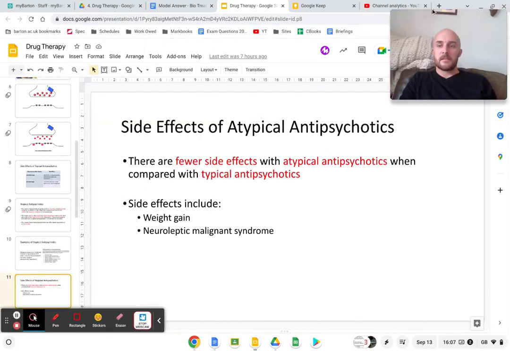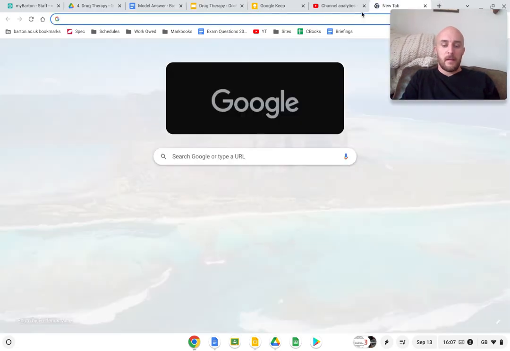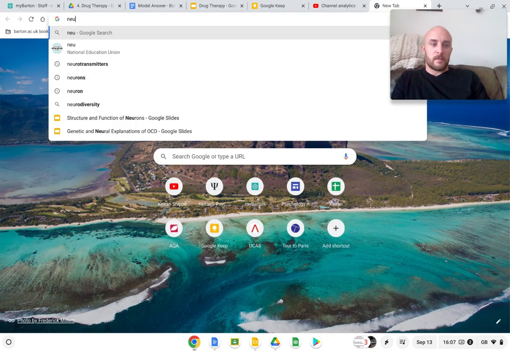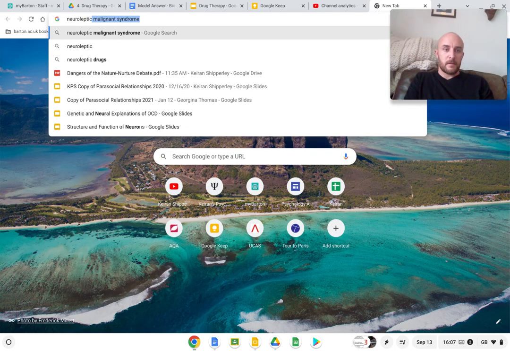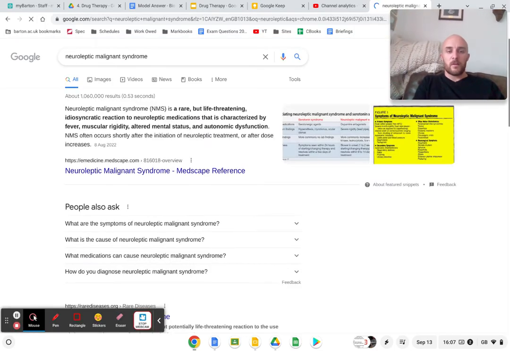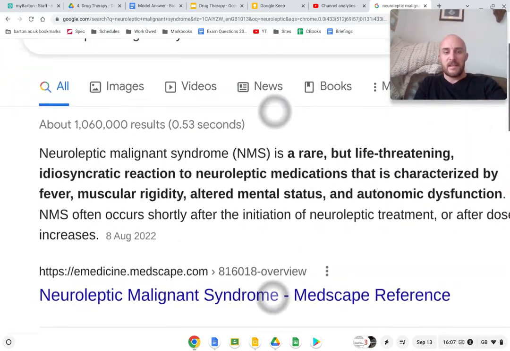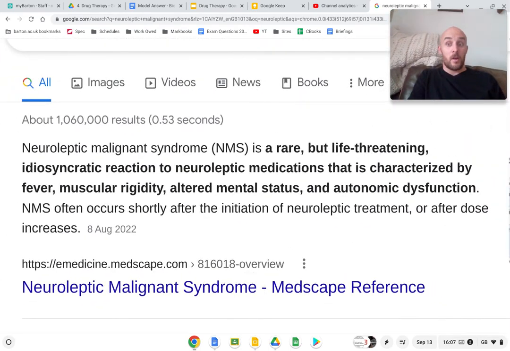So if I go on here and type in neuroleptic malignant syndrome, if we just have a look at what it actually is, it's a rare but life-threatening condition. Alarm bells. Is it worth taking the drugs? Yes, you have schizophrenia, and yes, that is bad, but is it worth losing your life over? I'm not entirely sure it is.